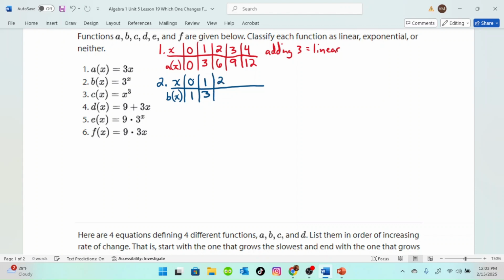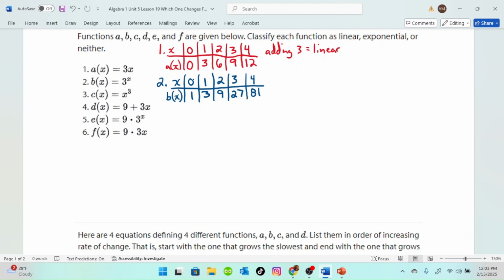If x is 2, then 3 squared is 9. If x were 3, then 3 cubed is 27. And if x was 4, then 3 to the power of 4 is 81.